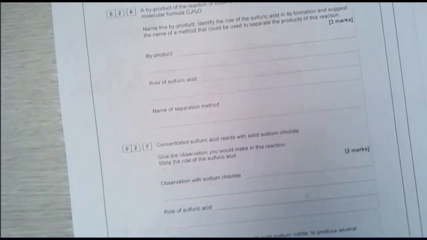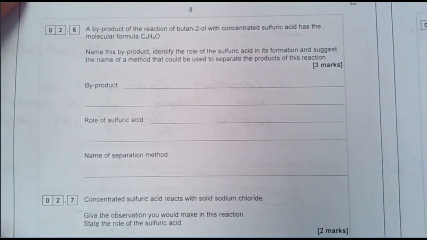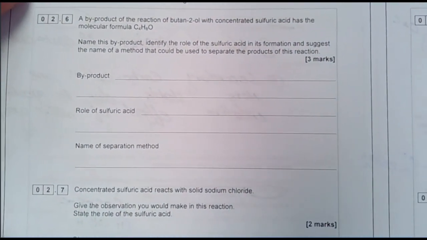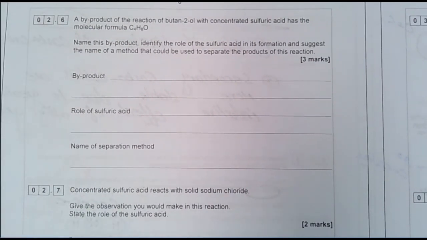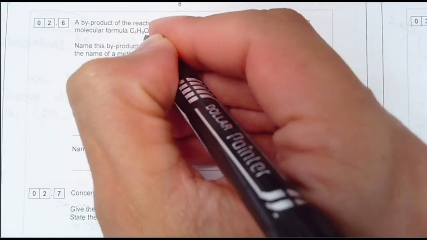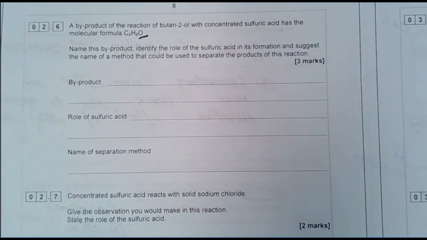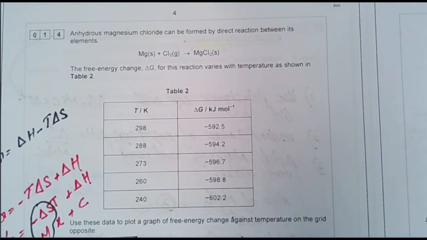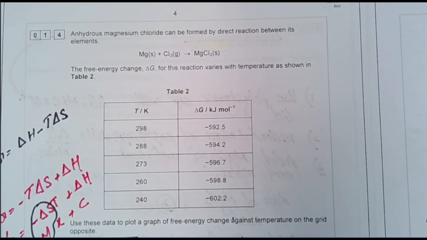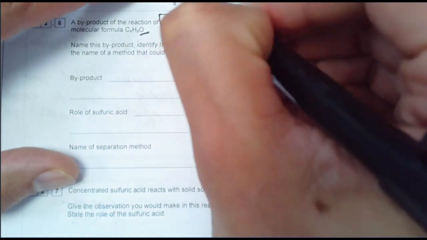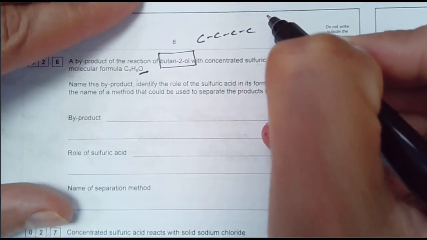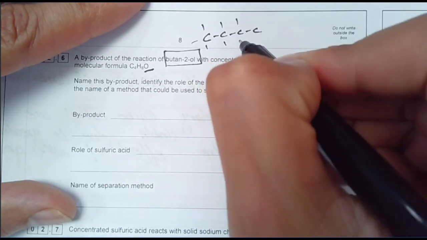This question says a byproduct of the reaction of butan-2-ol with concentrated sulfuric acid has a molecular formula of C4H8O. It has only one oxygen now. How many oxygens does it have in the first place? It has one oxygen. But what has happened now, if I look at butan-2-ol, it was 1, 2, 3, 4. 1, 2, 3, 1, 2, 1, 2, 3.